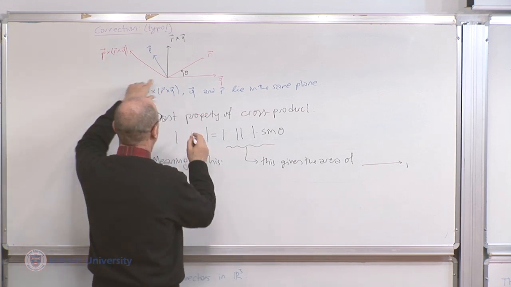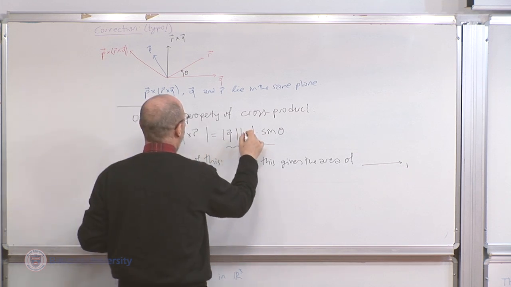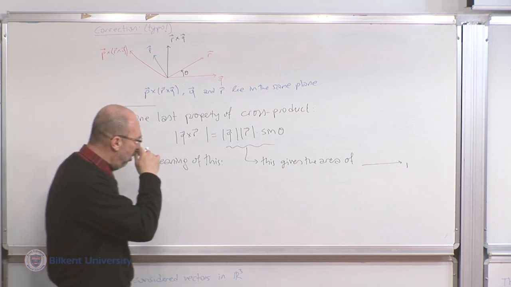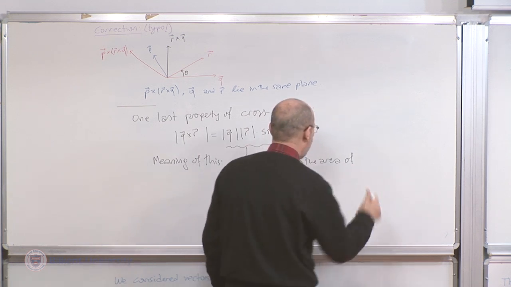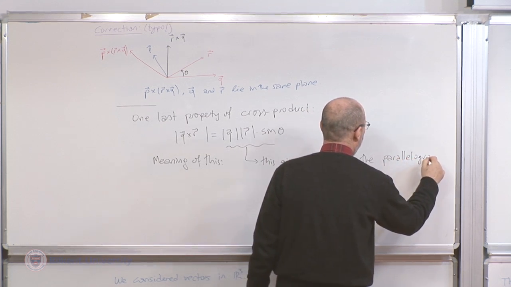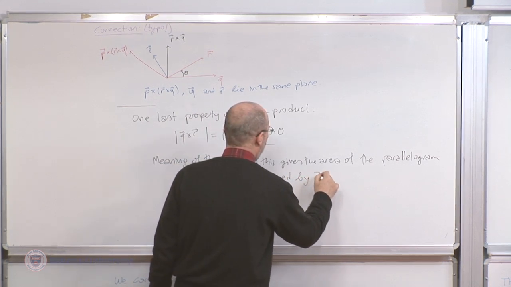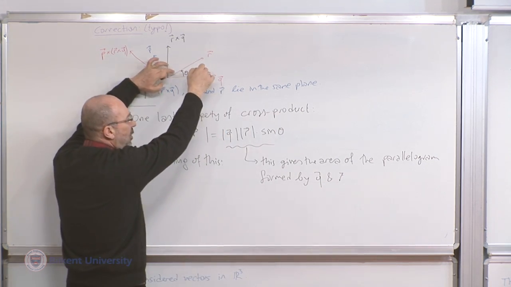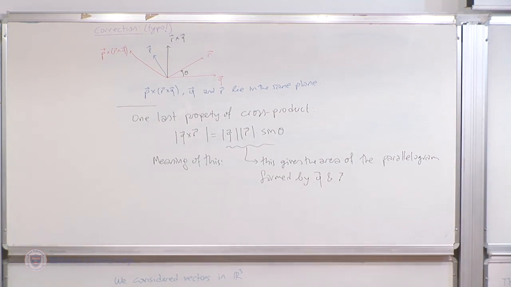So we have Q cross R, and Q, and here I have R. This gives the area of the parallelogram formed by Q and R, because sine theta here will give you this height. You are multiplying it with this length, and you'll get this area.